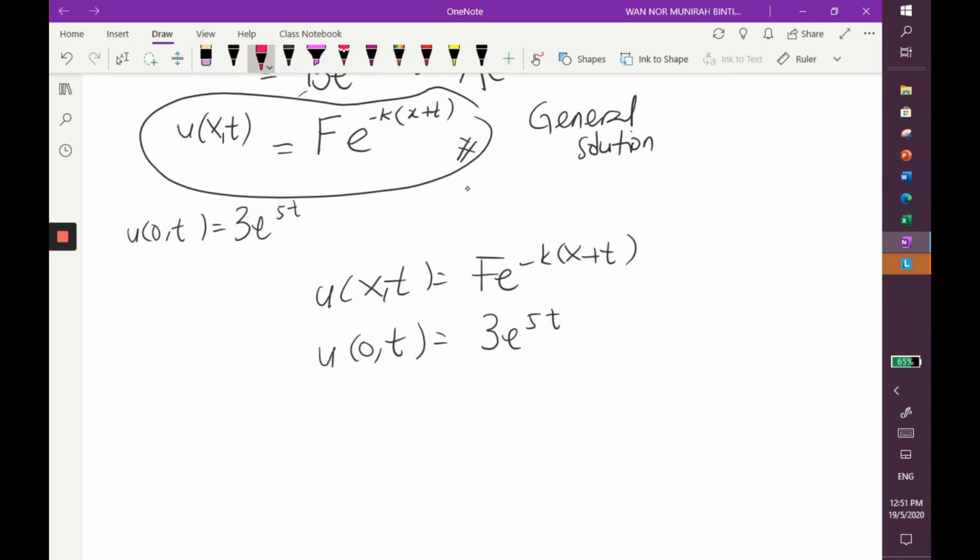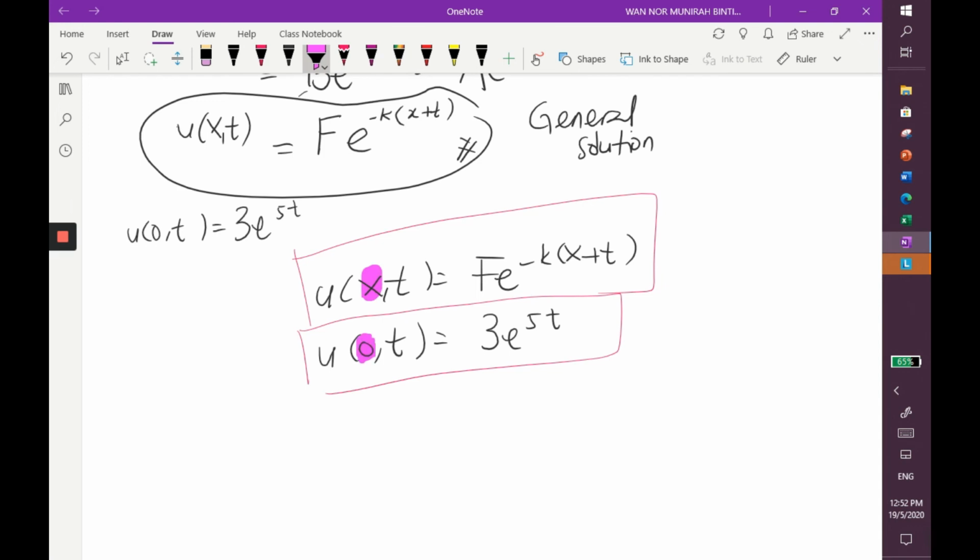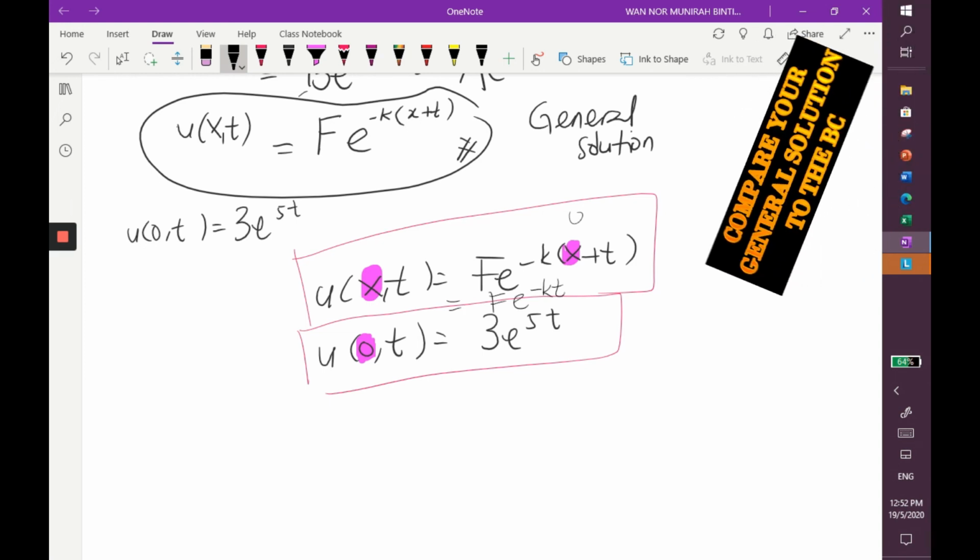When you compare the condition with your general solution, you will find that x is set as 0. So in short, I just have f e negative kt when x is 0.